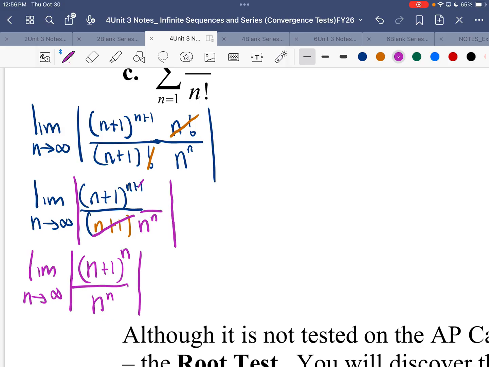Wow. So fun. And then I would rewrite this to look like n plus 1 over n all to the n.